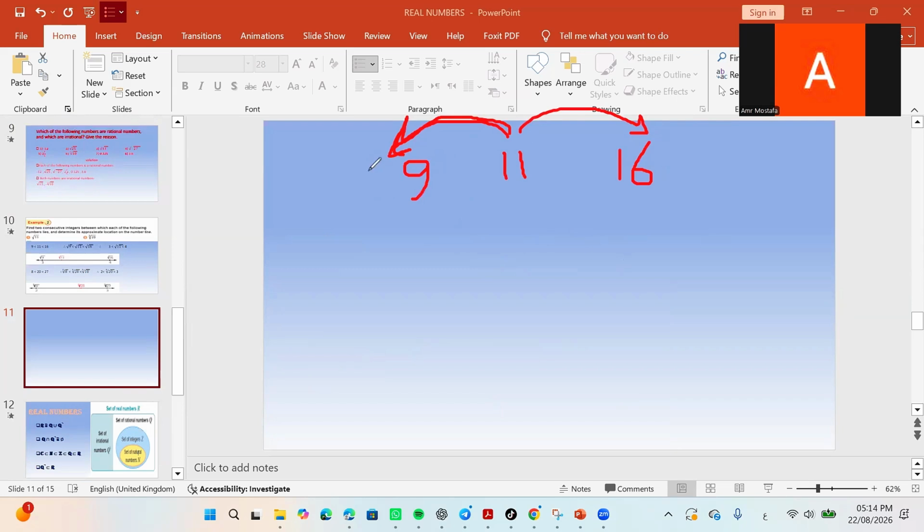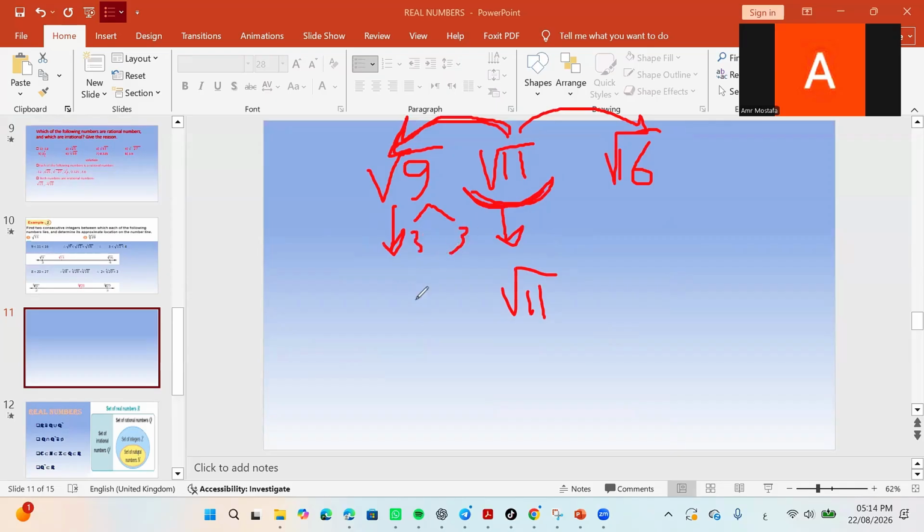Take the root for all numbers: root 9, root 11, root 16. When you want to find root 9, you have to find the product of two similar numbers that gives you 9. 3 times 3, so the square root is 3. 16 is 4 by 4, so the square root of 16 is 4. So root 11 lies between 3 and 4.